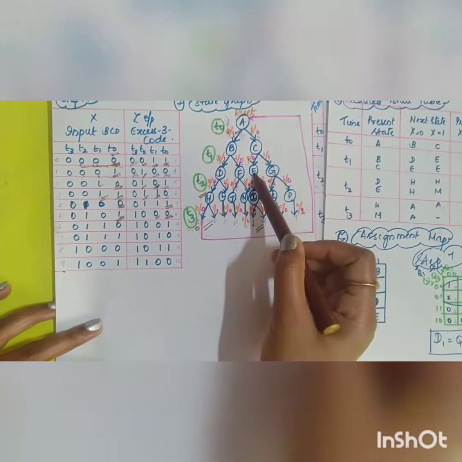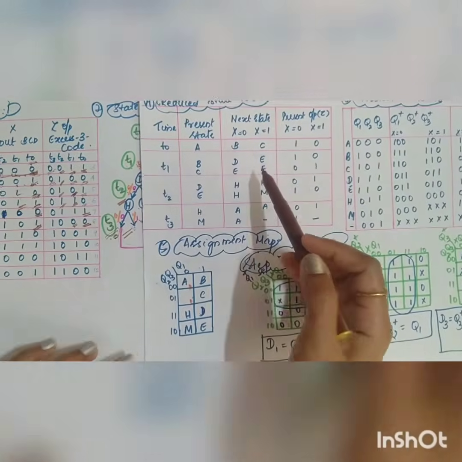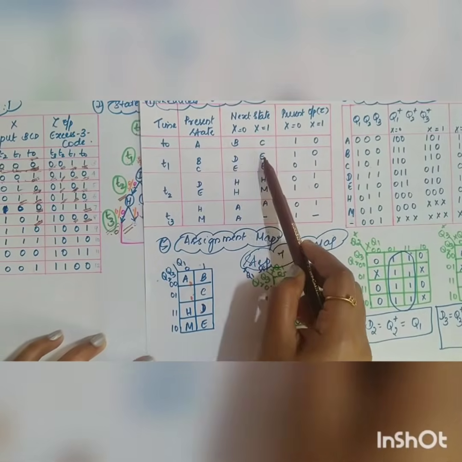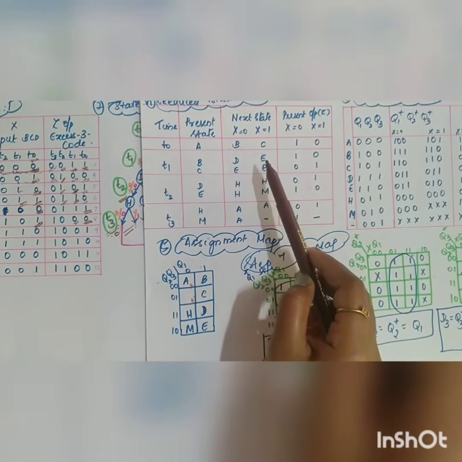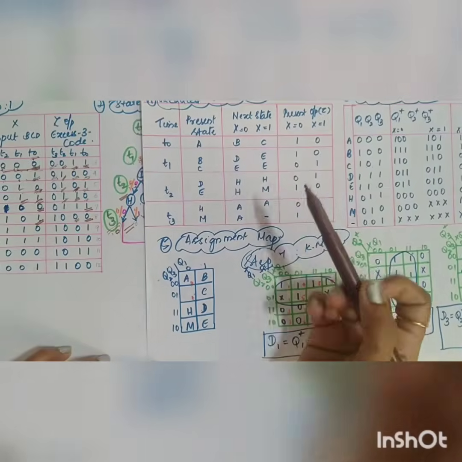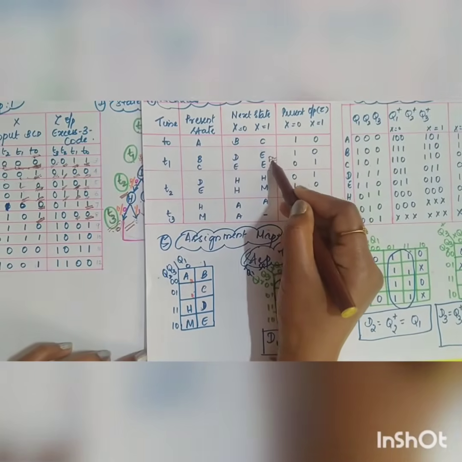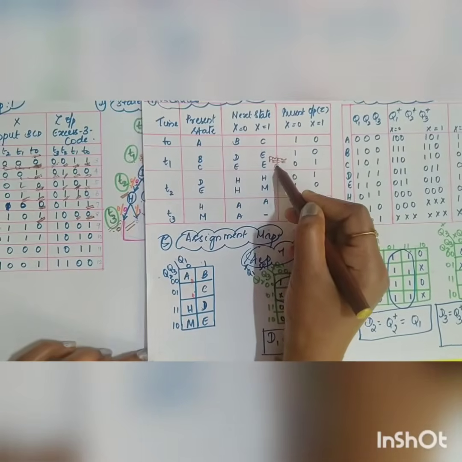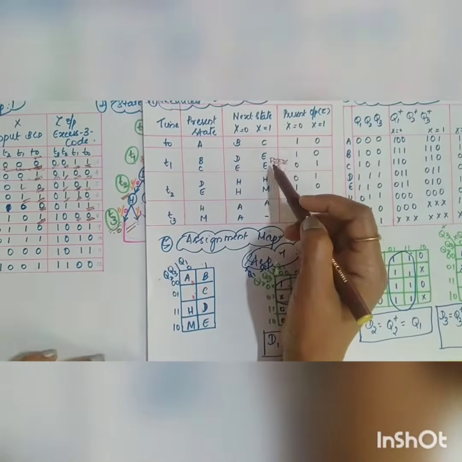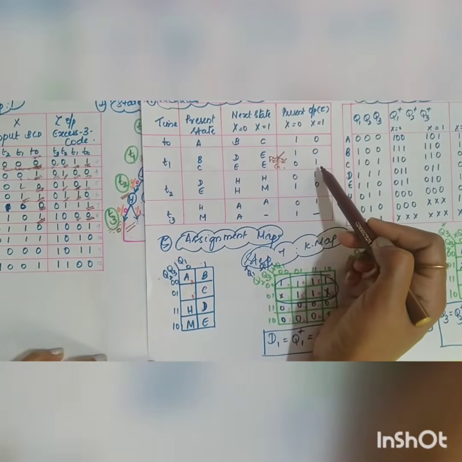The state which I have selected here is E. That's why in this case the state is reduced to D, E, E, E. That is, F and G are eliminated and are equivalent to E. So I can write F similar to E similar to G. That's why I have taken it as E. The output remains the same, 1, 0, 0, 1.